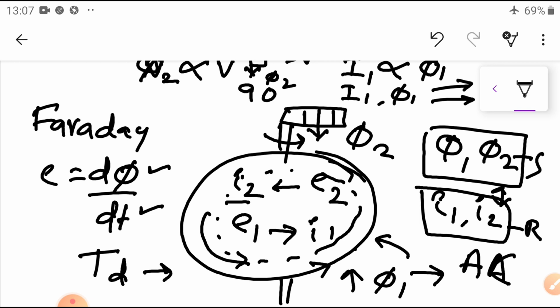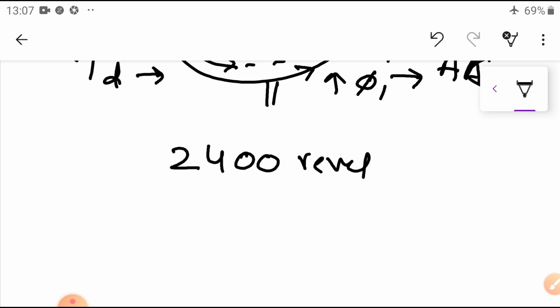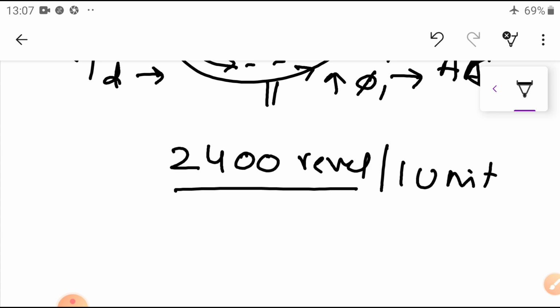hour is fixed. For example, it is 2400 revolutions for 1 hour. You can say that is for 1 unit. That means the number of revolutions is the meter constant. Sometimes there may be 1500 revolutions for 1 unit.